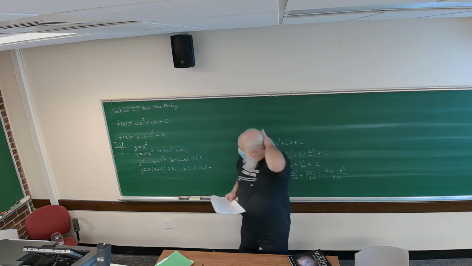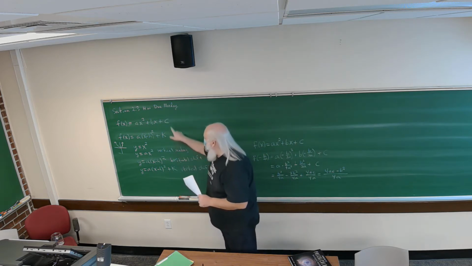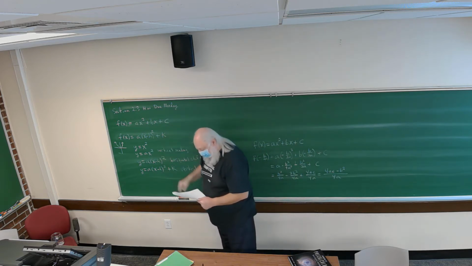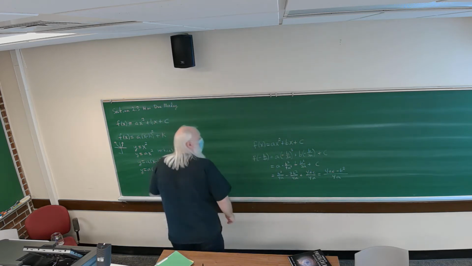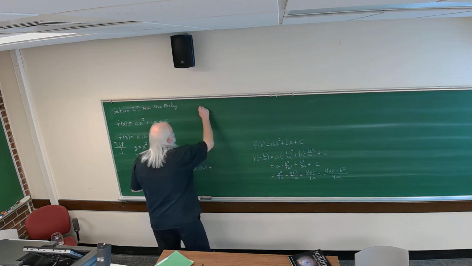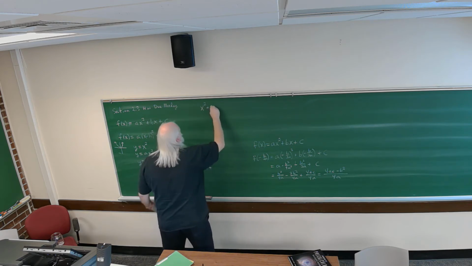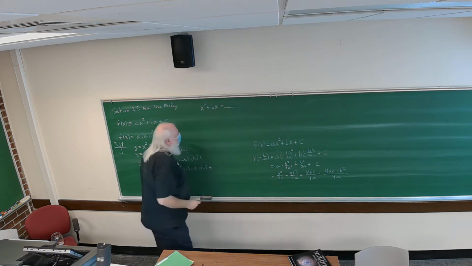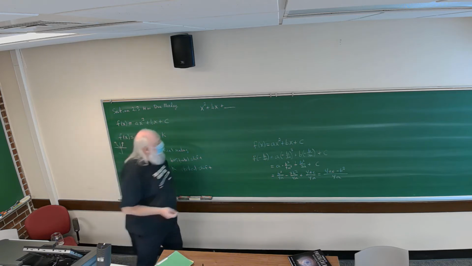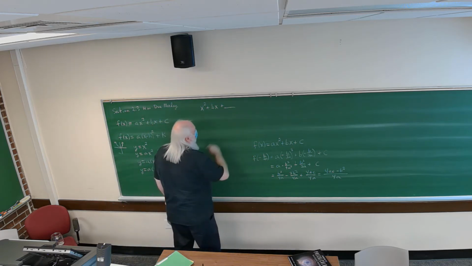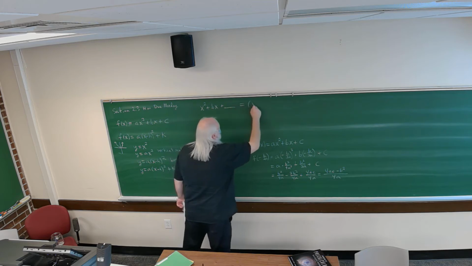All right, so we're going to express a quadratic function in this form here by completing the square. So if we have x squared plus bx, what number do we have to add to that in order to create a perfect trinomial, which can be written as a perfect square?